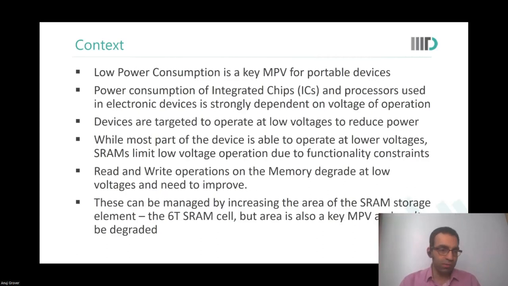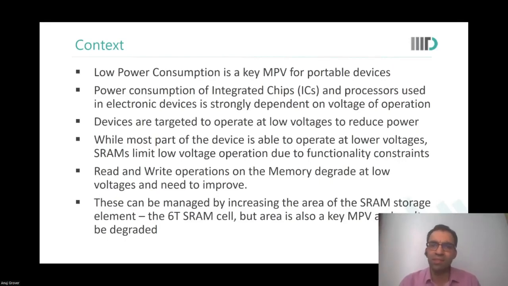For ICs that we use in all these electronic devices, power is very strongly dependent on the voltage of operation. In one of your basic electronics courses that I believe every one of you have done, you might remember that the formula for power consumption is CV squared F. That is the capacitance that you are toggling, the voltage squared, times the frequency at which the toggle happens.